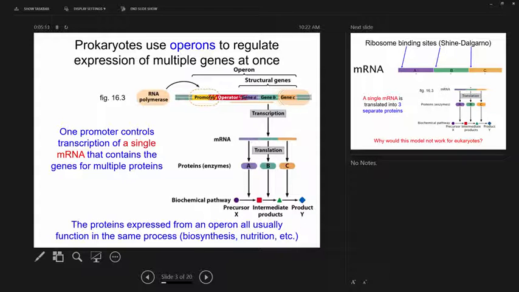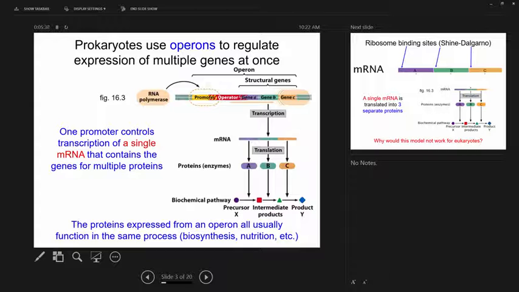I don't know if this is the case, but it could be that the different enzymes that do the different steps in the pathway are all controlled by one operon. That would make things a lot more simple. You don't have to turn on 3 different genes. You get one messenger RNA made that encodes 3 different products.